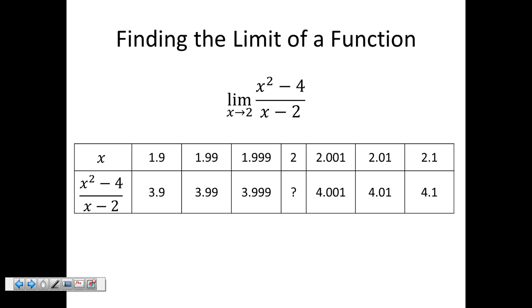So when I plug in these various values, 3.9, 3.99, 3.999, are they taking me to a number? And 4.1, 4.01, 4.001, are they taking me to a number? Well, sure enough, both sides are taking me to the number 4. So I would say that my limit as x approaches 2 of this function is equal to 4.